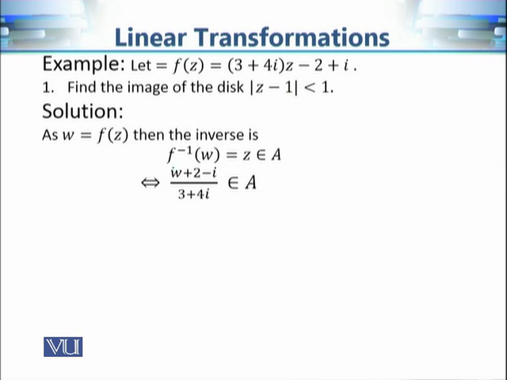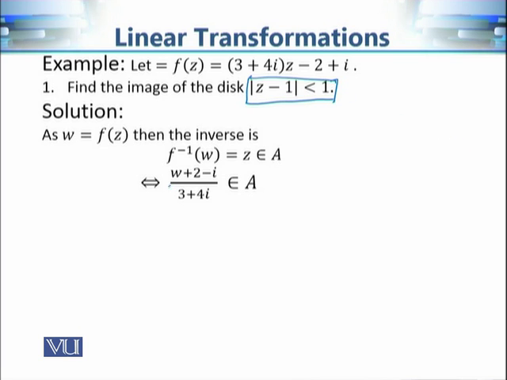Okay, so let's apply the definition of f inverse. So what we get is that W plus 2 minus iota over 3 plus 4 iota must belong to A. Now we know a very well defined description of the set A. An element z belongs to this set A if the modulus of z minus 1 is strictly less than 1.